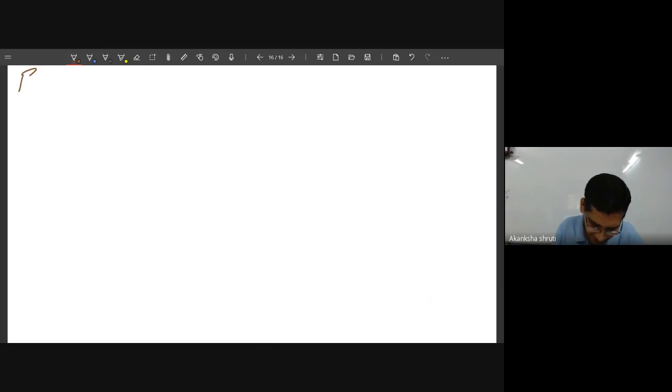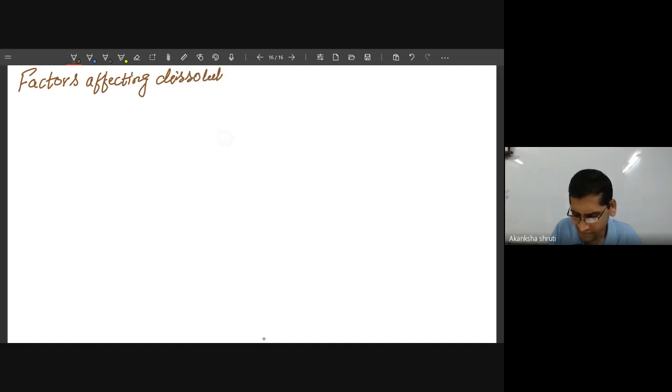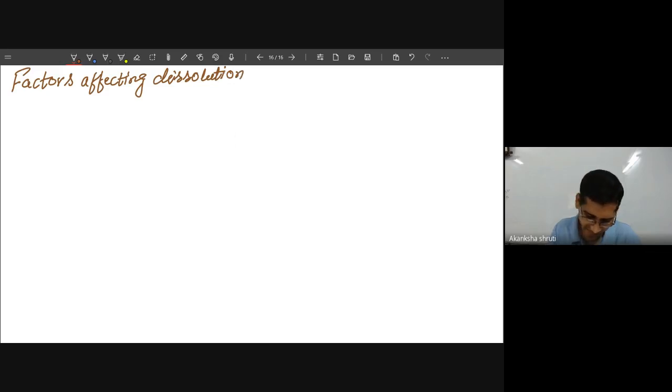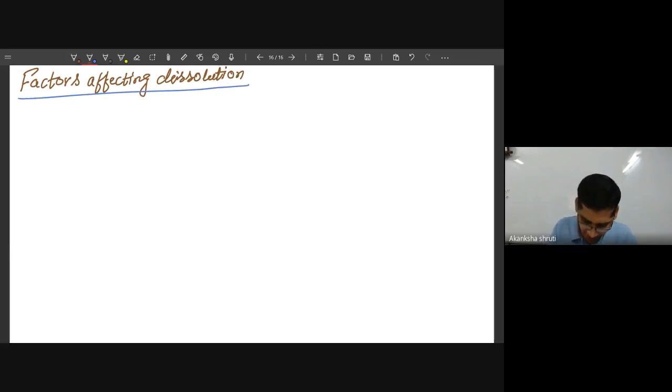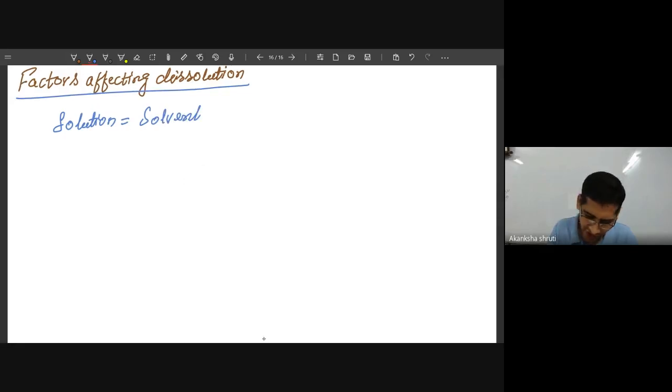Factors affecting dissolution. This means, in a solution, we have solute and solvent.